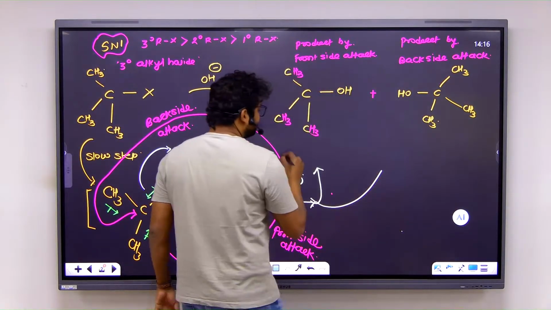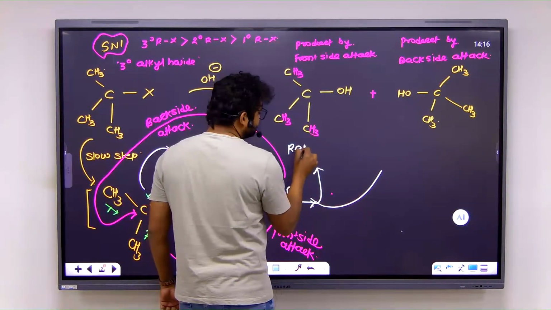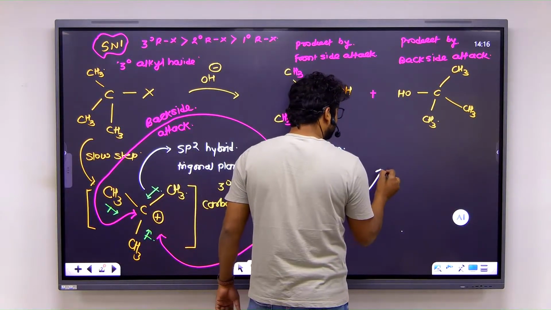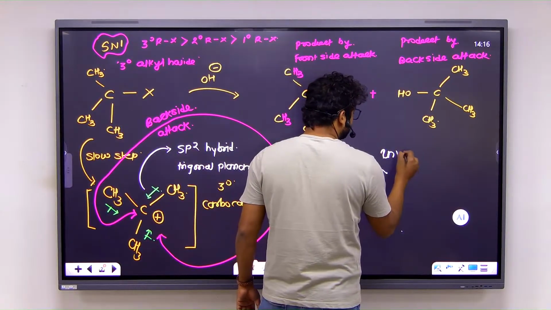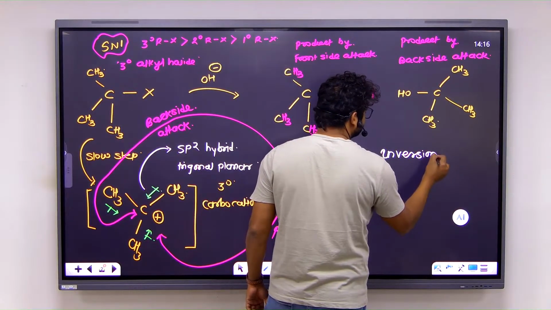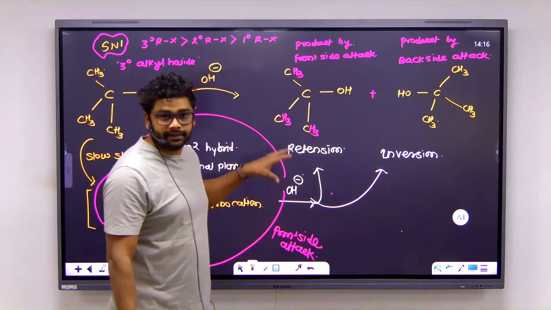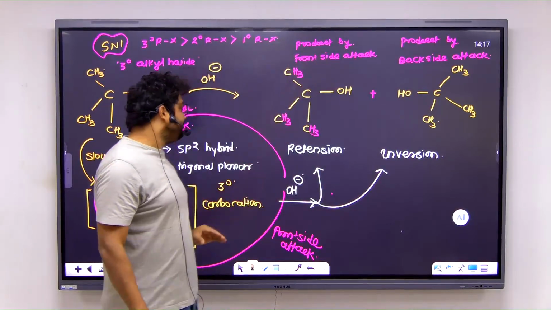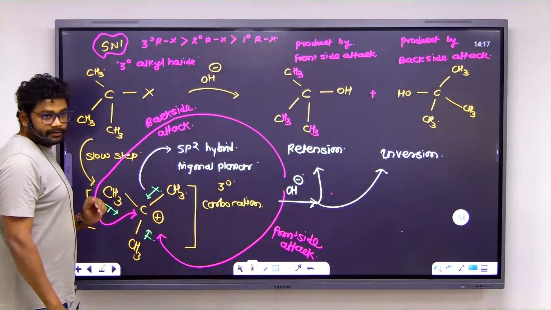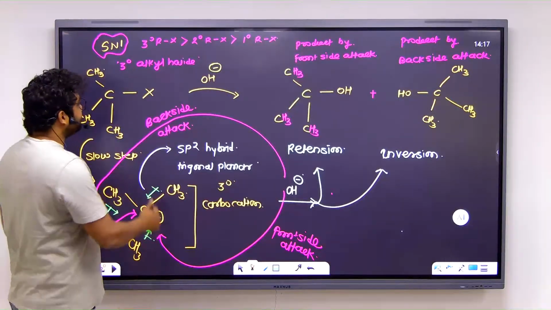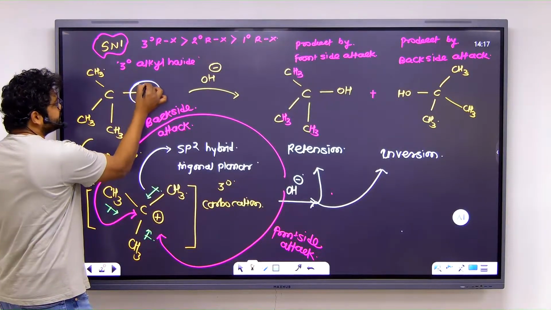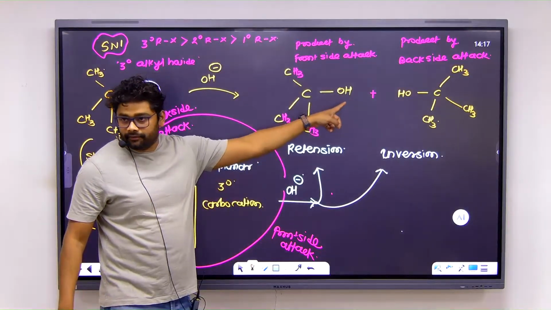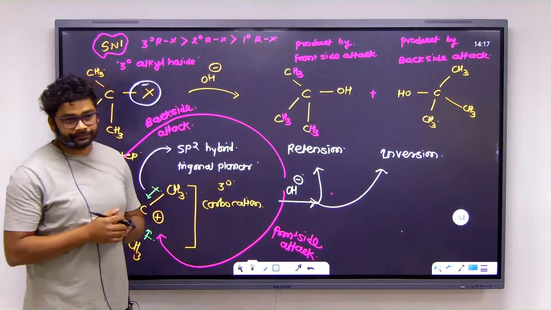One of them is known as a retention product, and the other is known as an inversion product. One is retention. If you follow the front side attack, then you will get exact replacement of X minus, and the same location is grabbed by OH minus.